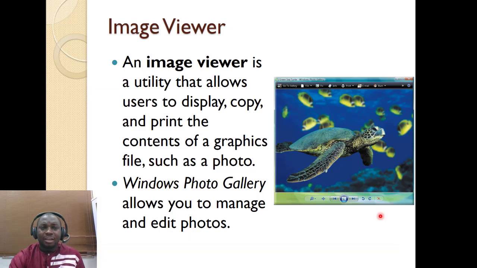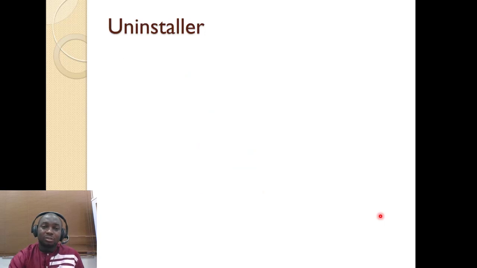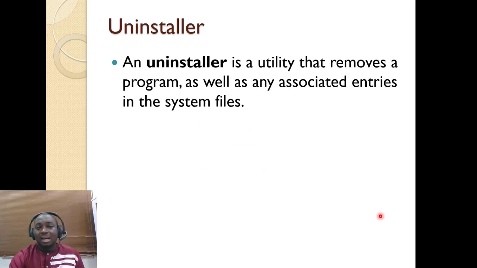Then you have the image viewer. These are all utility programs. You can even have more that you can download and add on your machine. Now for Windows, they have Windows Photo Gallery, which allows you to manage and edit photos. Then the uninstaller, with which you can uninstall a program that you want.